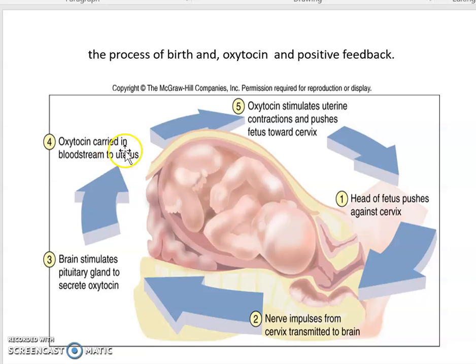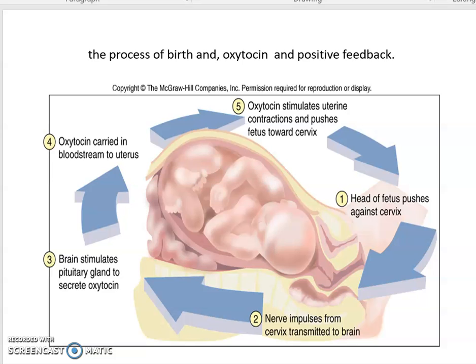Oxytocin is carried in the blood, and its target is the muscular wall of the uterus, the myometrium. When oxytocin binds to the myometrium, it's going to cause uterine contractions. The contractions of the uterus mean that the baby is pushed further and harder against the cervix, which means that you get more nerve impulses to the brain, more oxytocin, more contractions. So we've got a positive feedback loop involved in there.